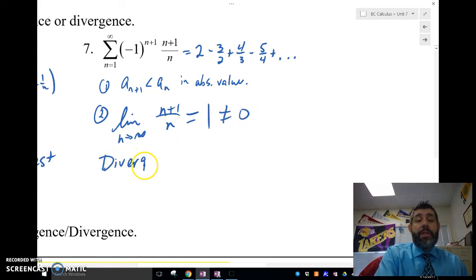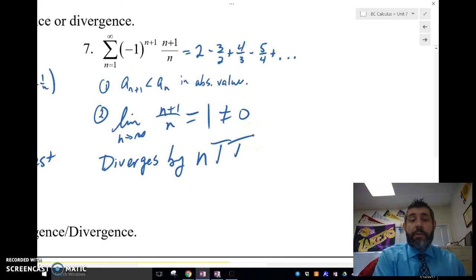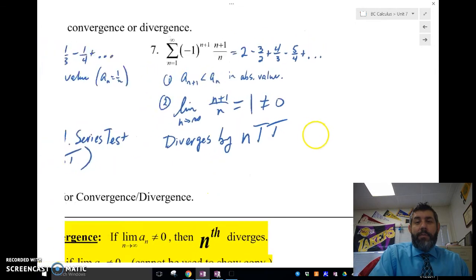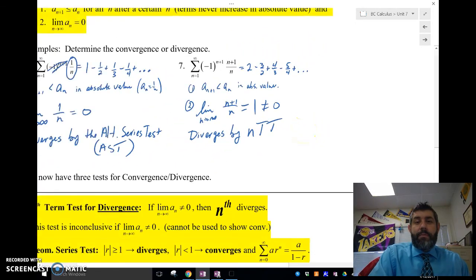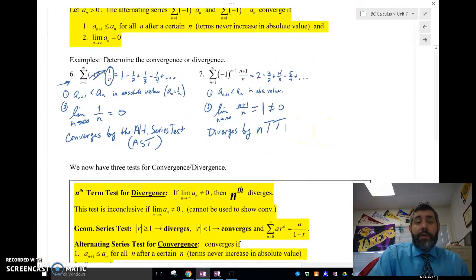So this diverges by the nth term test for divergence. There you go. So this one doesn't converge. It doesn't pass the alternating series test for convergence.